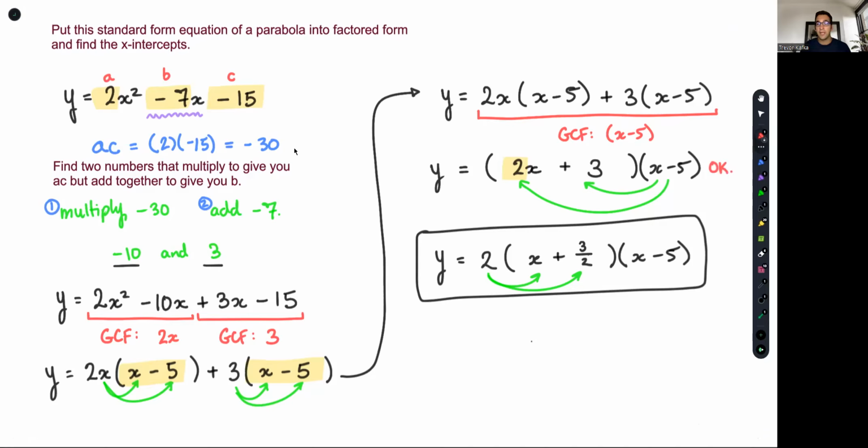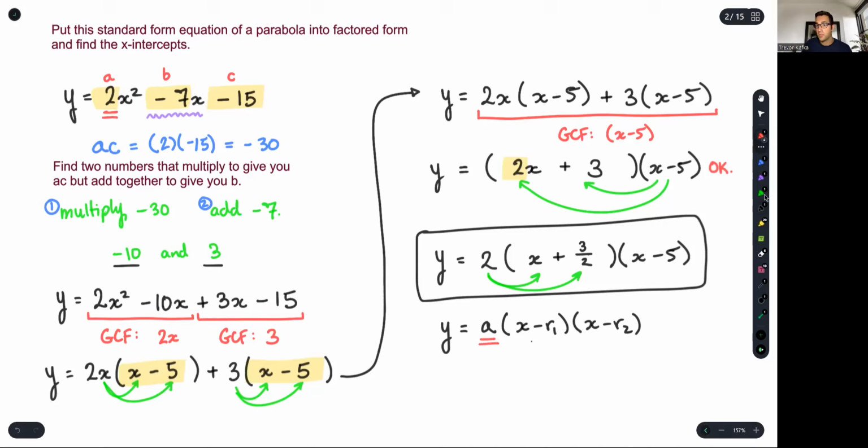However, what I do like about that last form, if we're looking at the equation of a parabola, which will be something like this, a times x minus r1 times x minus r2, if you are able to get that value of a out here, which is always the same as the value of a in the original equation, so that you just have x and x without anything multiplying on those x's, those two values of r are what in math we call roots. They're sometimes called zeros, but they're best known as x-intercepts.